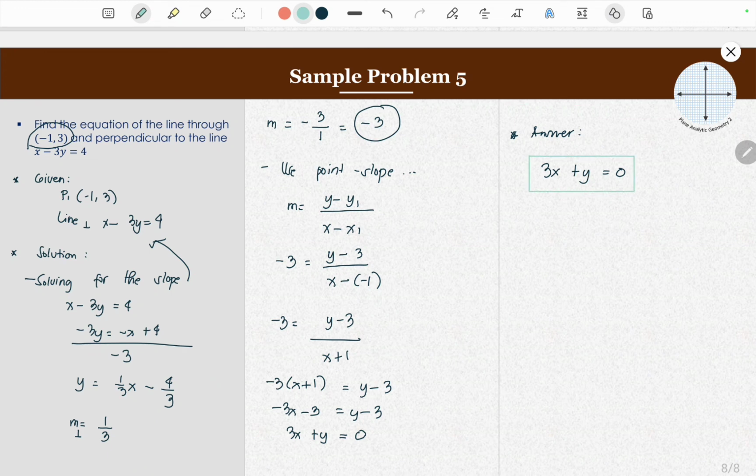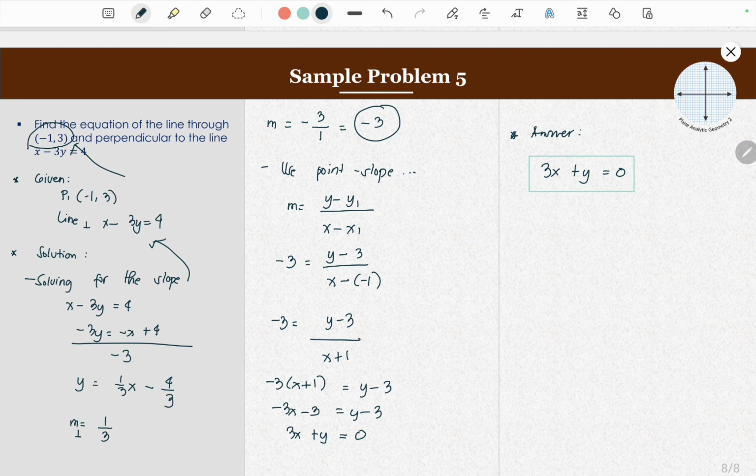If you want to check your answer, just for double checking if you got the correct equation of the line or not, substitute the given point to see if it satisfies the equation, and then find the slope of the equation to see if it is -3.